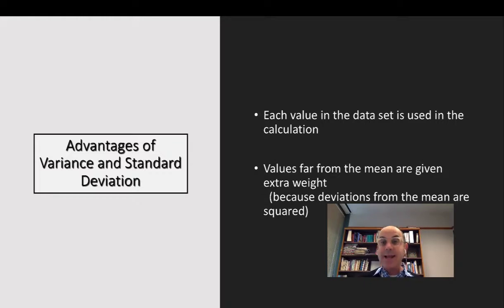The advantage of the standard deviation is that each value of the set is used in the calculation. Values far from the mean are given extra weight because the deviations from the mean are squared.